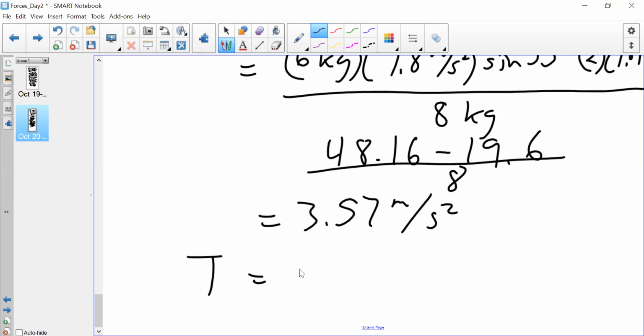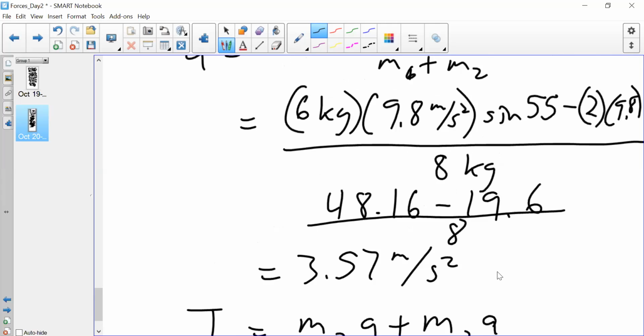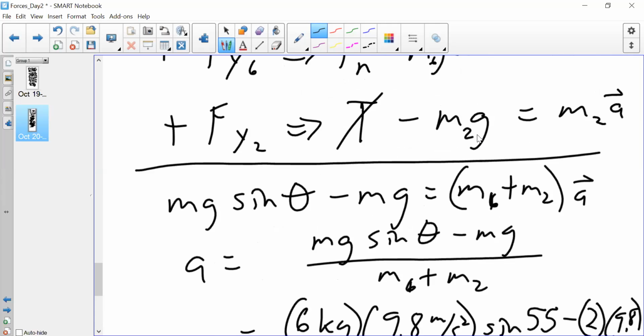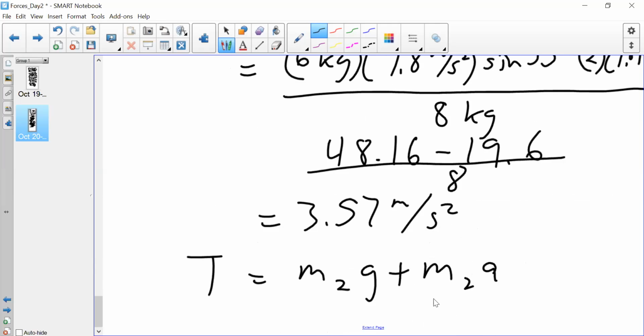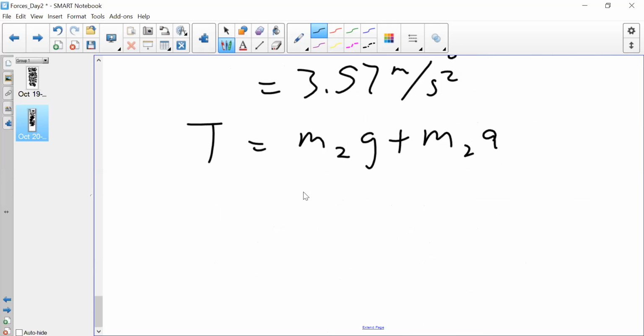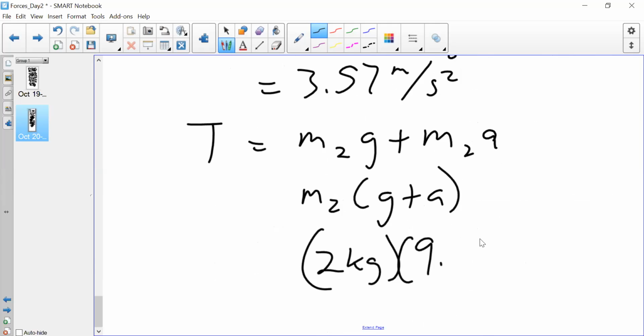So T equals M2G plus M2A, so we just have M2 times G plus A. Go ahead and do that. 26.7 newtons of tension.